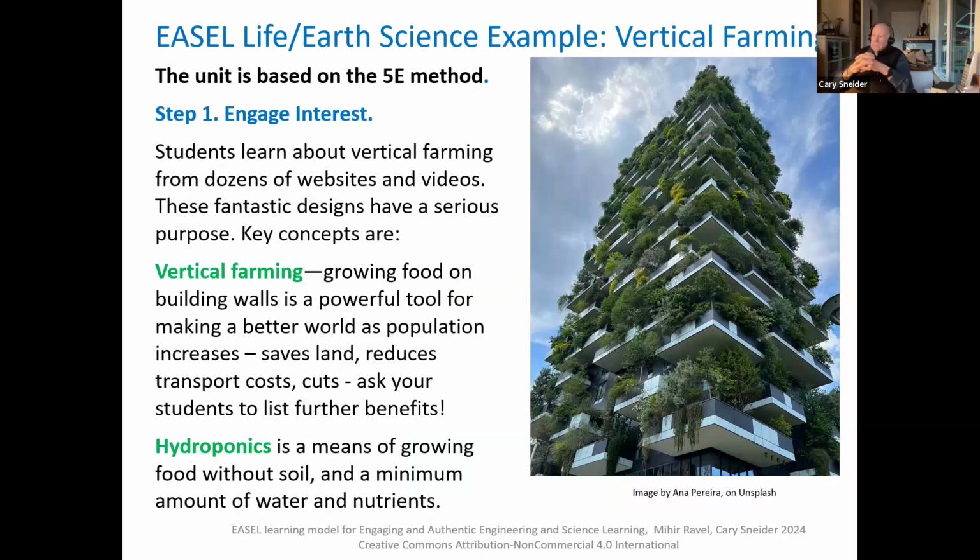Sure. So one of the projects that I've worked on over the years with a group from Hofstra University is the idea of vertical farming. As the amount of arable land in the world is being used up, the population is increasing. What are we going to do? In particular, people living in cities are importing food from the countryside, and it's costly and it causes pollution and so forth.